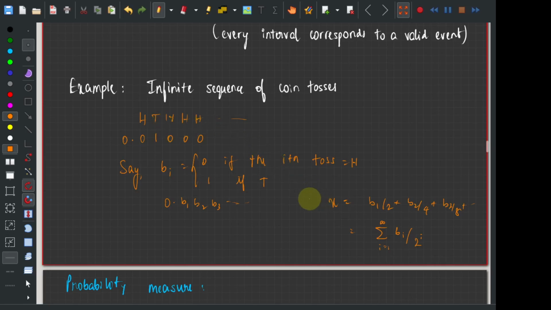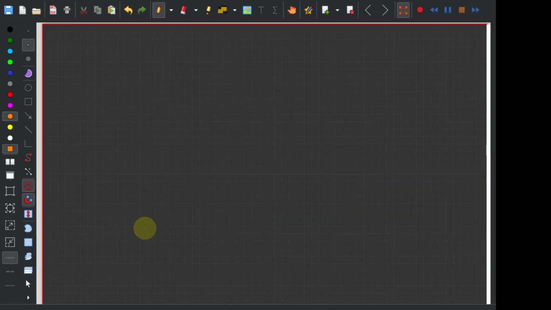So in this case, what is the probability measure of getting between 0 and a half? I have this random variable, I've defined the random variable x as the summation i equal to 1 to infinity of b_i by 2 to the power i.